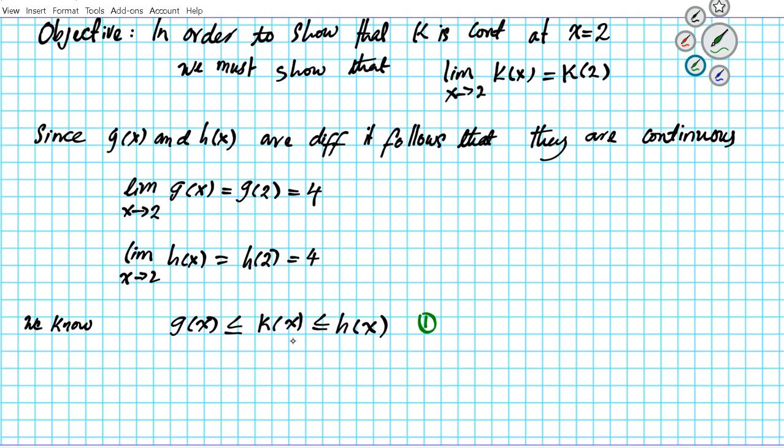So we know that k of x is bounded between g of x and h of x. And we also know, based on this fact right here, that the limit as x approaches 2 of g of x is equal to the limit as x approaches 2 of h of x. They are both equal to 4.